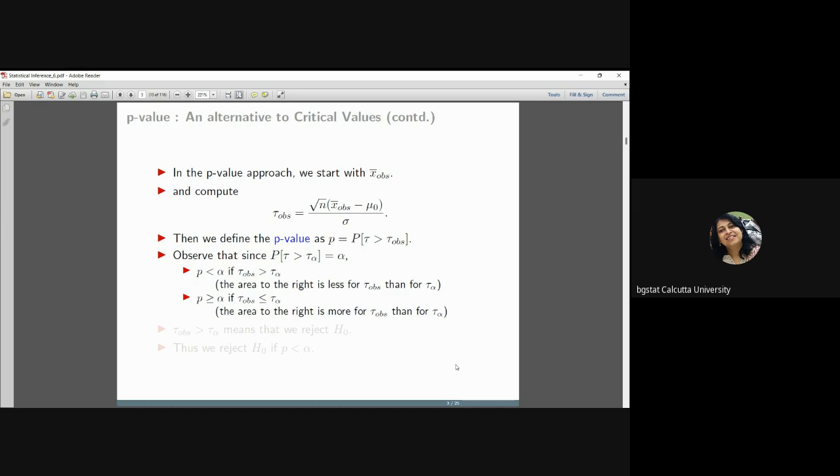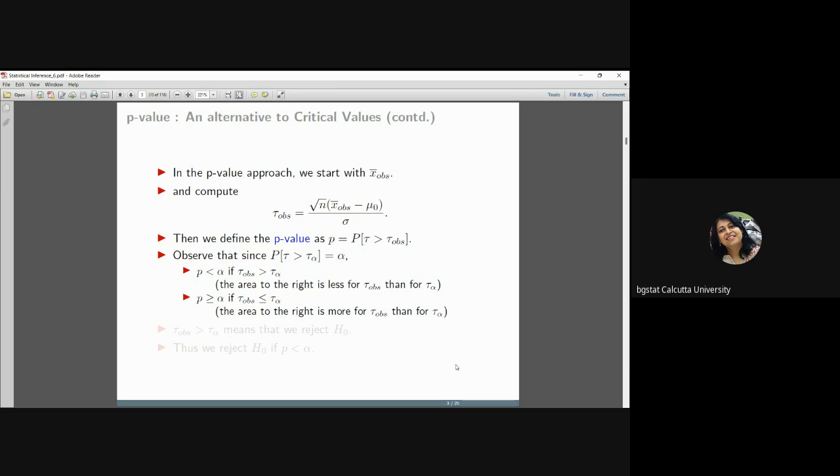The area to the right is smaller if tau observed is further out in the right tail. P will be greater than or equal to alpha if tau observed is less than or equal to tau alpha, so it is more towards mu naught than towards the tail.